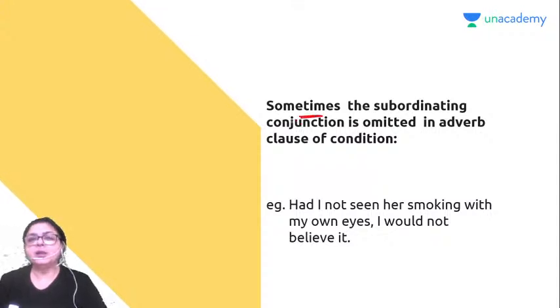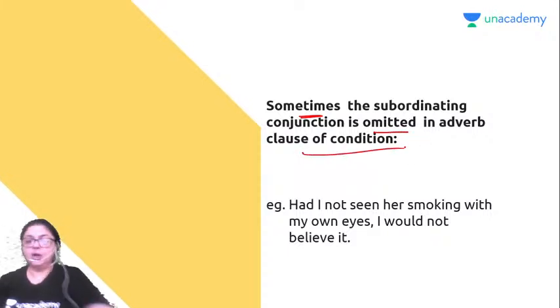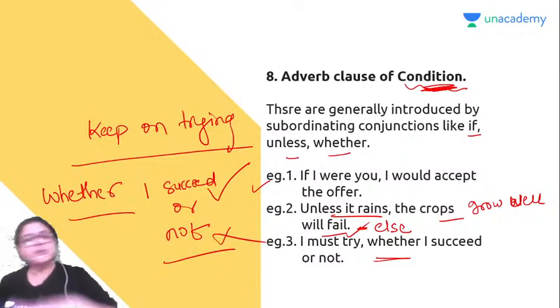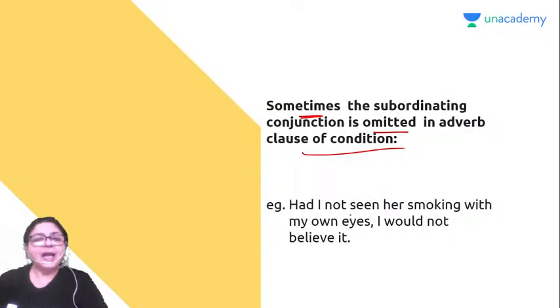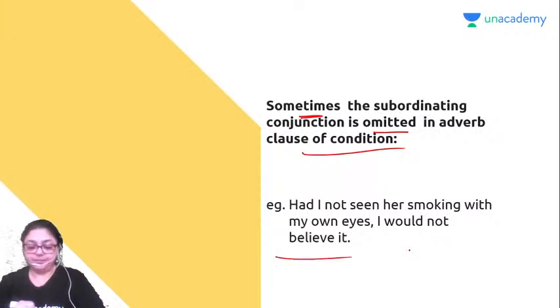So now we are coming to an example. Sometimes the subordinating conjunction is omitted. Now I'm not using that at all in the adverb clause of condition. Now how? Had I not seen her smoking with my own eyes, I would not believe it. I am not putting a conjunction over here.